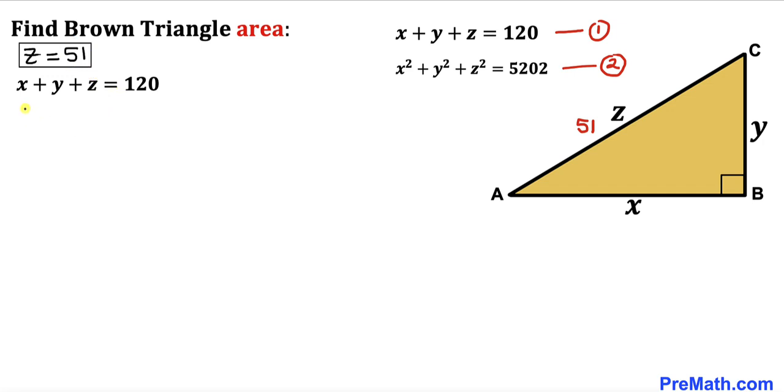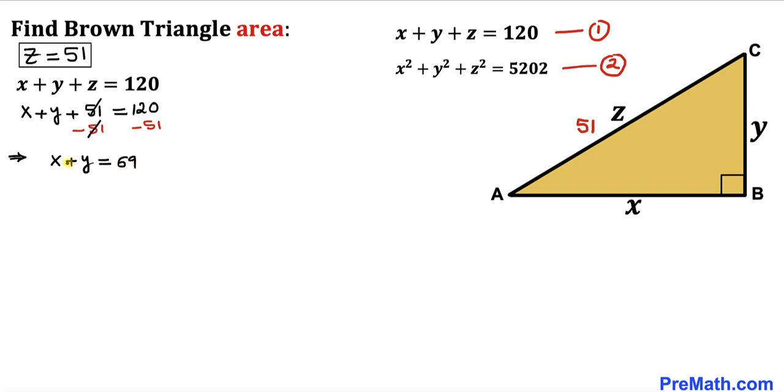This equation becomes X plus Y plus 51 equals 120. Let me subtract 51 from both sides, and the 51 and negative 51 are gone. So our X plus Y value turns out to be 69.